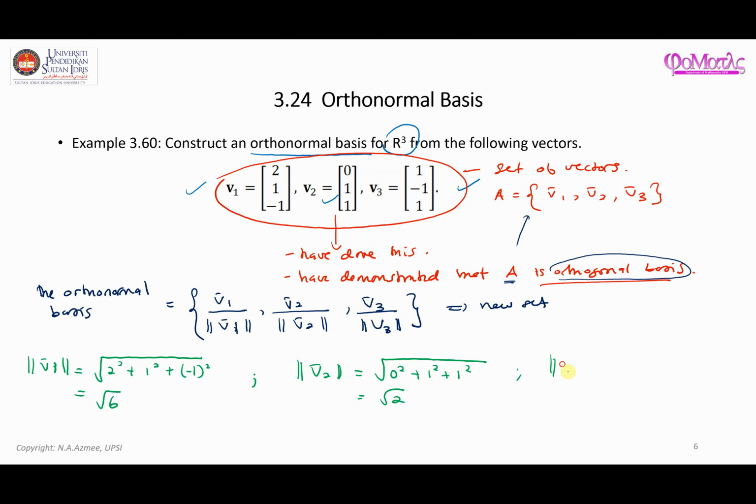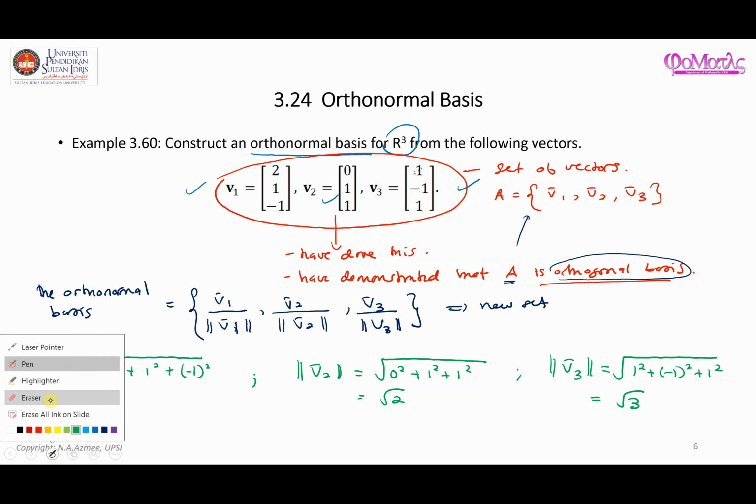And finally, the magnitude of vector 3 is the square root of the components squared and added: 1, negative 1 squared, 1 squared. So here it is the square root of 3.